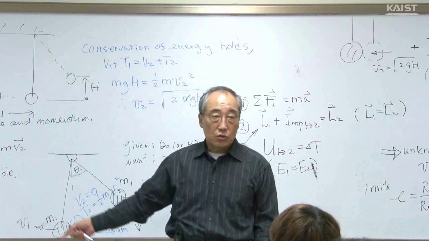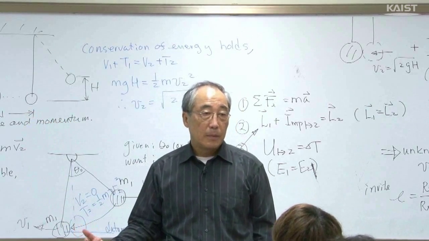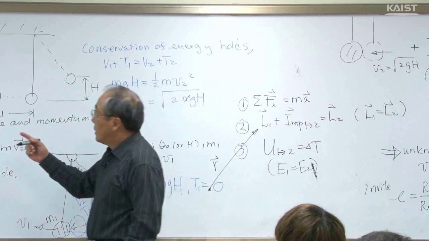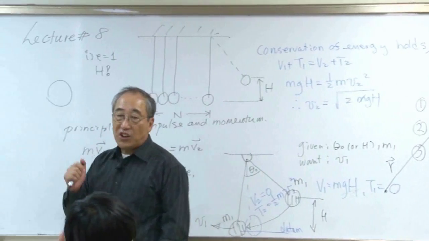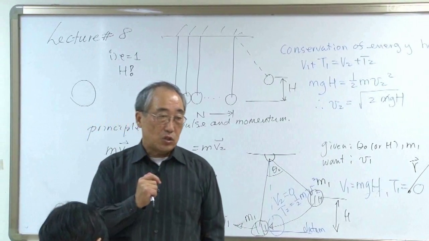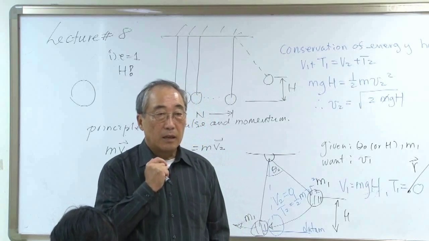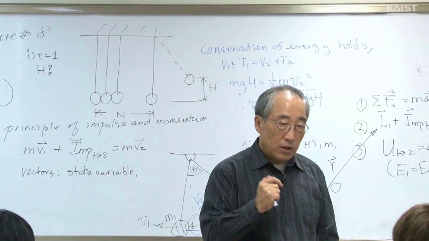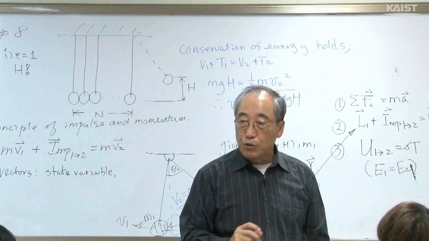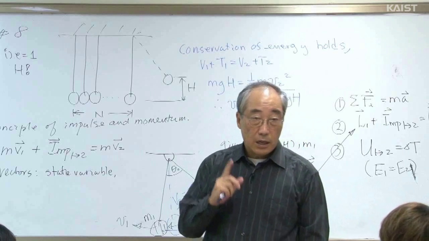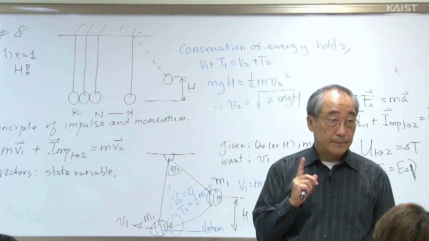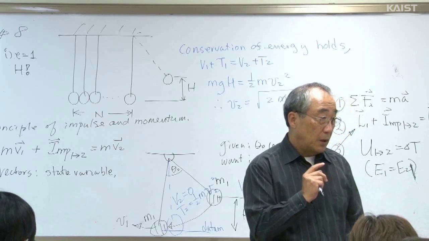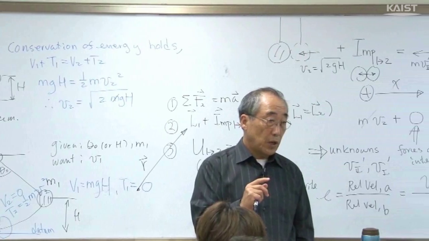I think I can just use number 3. I said, because there is no energy loss, I can argue that the whole system's energy has to be conserved. Therefore, the last pendulum has to move up to h. That is also a possible argument. Right? So you can use only the number 3 principle to get the solution.